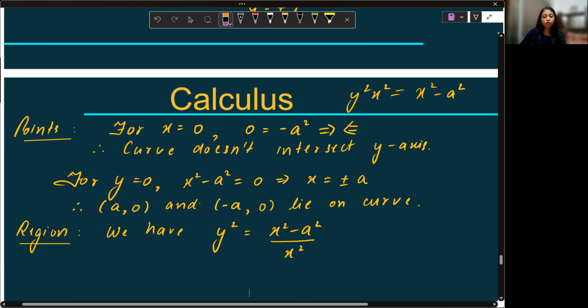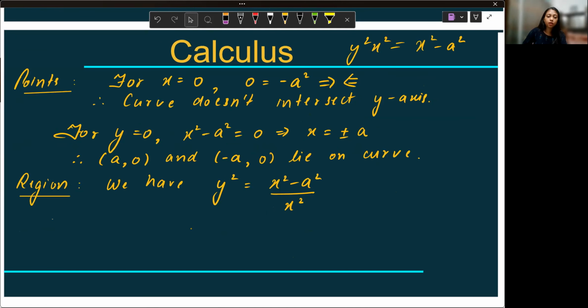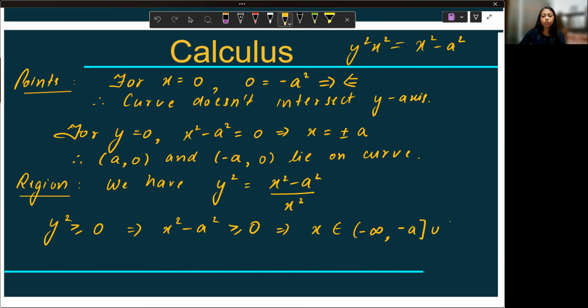So this also has to be greater than or equal to 0, which implies x square minus a square is greater than or equal to 0, which implies x square is greater than or equal to a square. So x belongs to minus infinity to minus a union a to infinity.